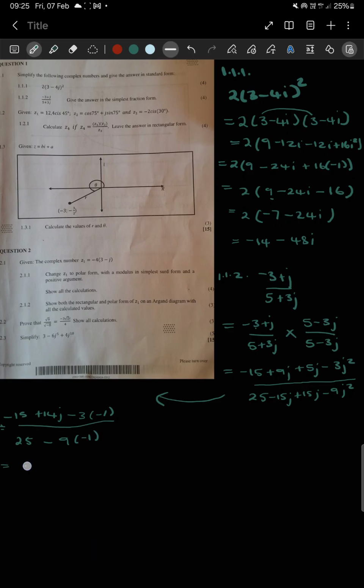All right, then you have negative 15 plus 14i plus 9, all over 25 plus 9. So negative 15 plus 9 will give me negative 6 plus 14i, all over 25 plus 9 gives me 34.